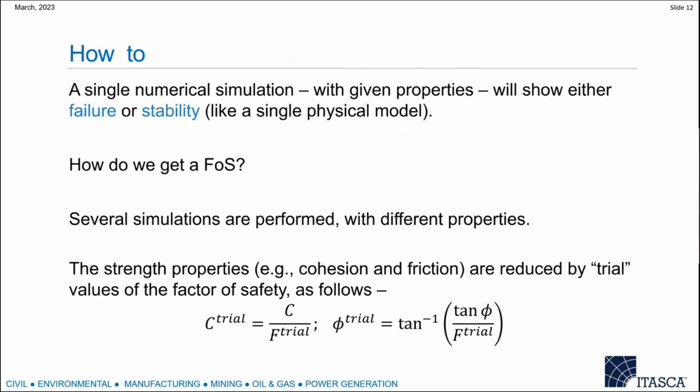We can run several simulations with different properties. The different properties just follow some reduction method. For example, the popular way is to reduce cohesion and tangent of friction angle in the same way, by the same factor.